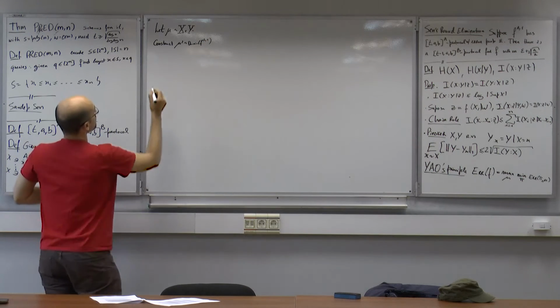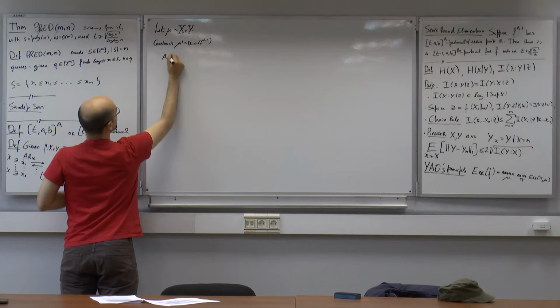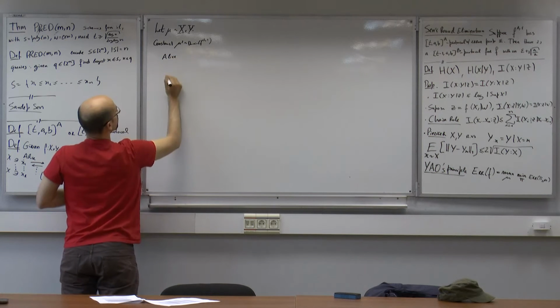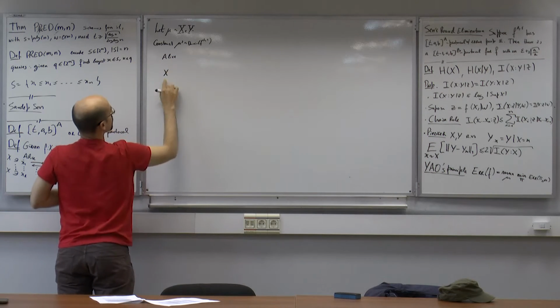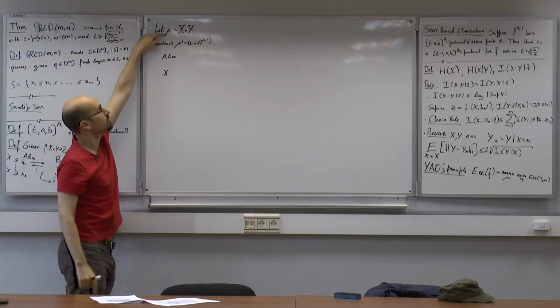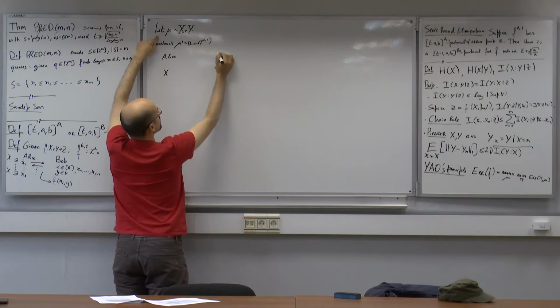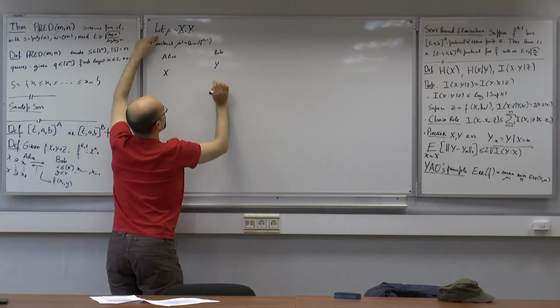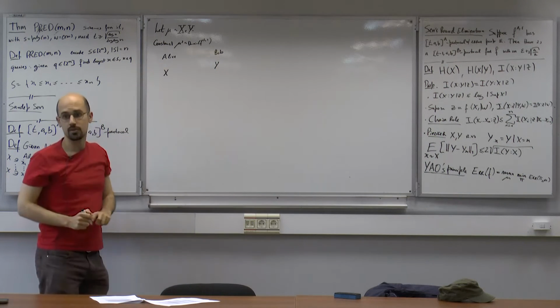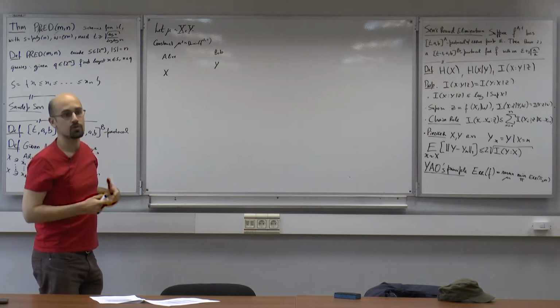So how do I build mu tilde? So here's how it goes. Again, Alice and Bob get x and y, random variables distributed according to mu, so they could be correlated, right?